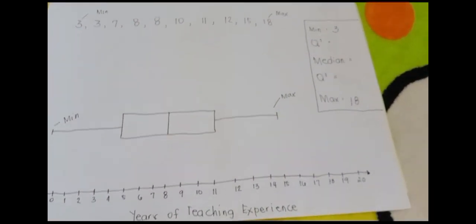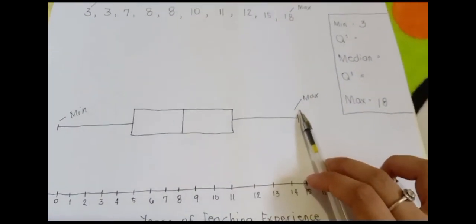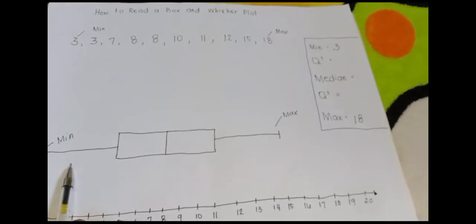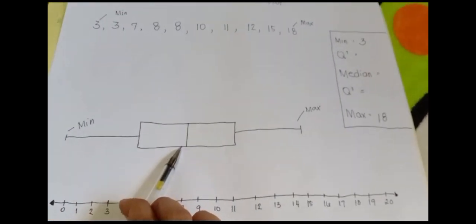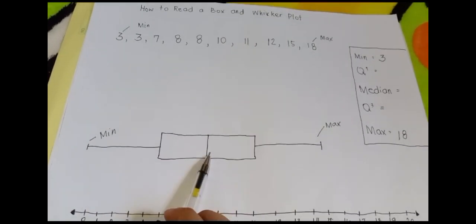So let's label this minimum and maximum. So the whiskers that extend out from the rectangle, we're actually going to move to the middle.